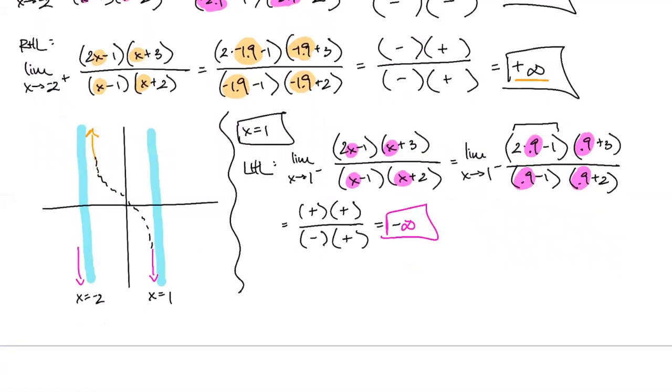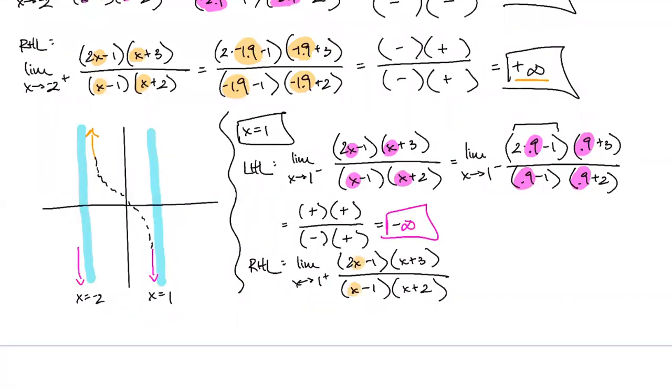Okay. So just to finish this one, if we were to do the right-hand limit, we want to finish what the other side of the picture looks like. And everywhere we see an x, we're going to pick a number that is a little bit bigger than 1. So let's say 1.1.